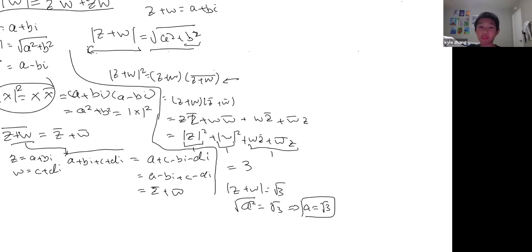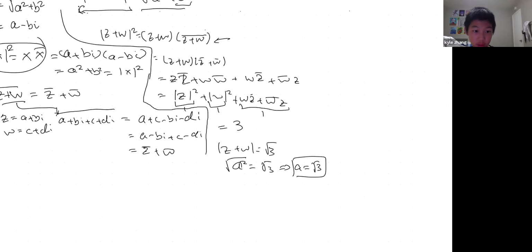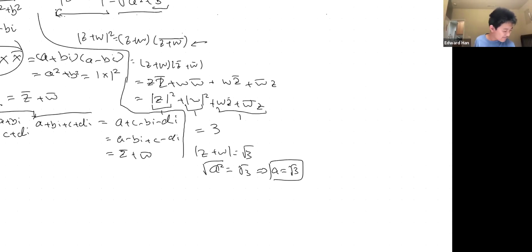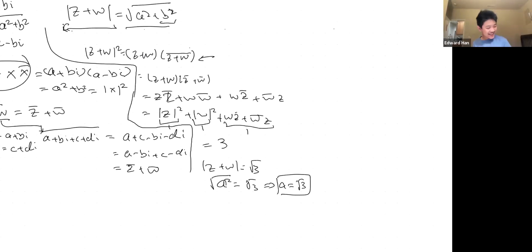The square of the minimum value. Oh yes. Find the square of the largest possible value. So actually then it's 3. Oops. Then a equals root 3, then a squared equals 3. Okay. Are there any other questions?